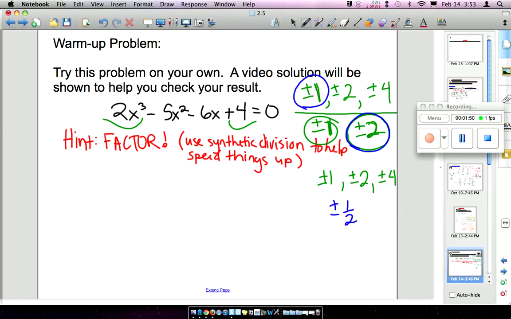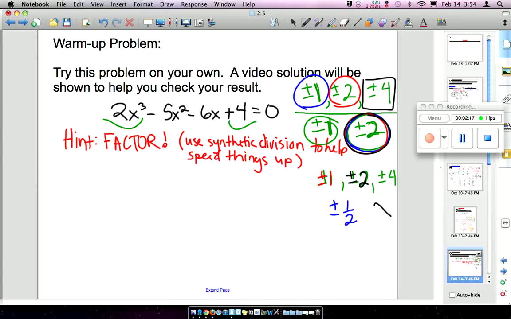Okay, those are the potential roots. Now, what if I did 2 divided by this denominator? Well, 2 divided by 2 will be 1, or negative 2 divided by 2 will be negative 1. So we've already included those right here in the plus or minus 1. The last one I want to consider is what if I did 4 divided by 2? Once again, we've already considered that in these terms.